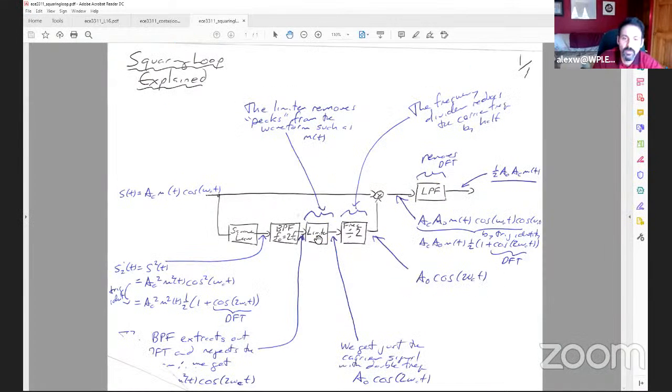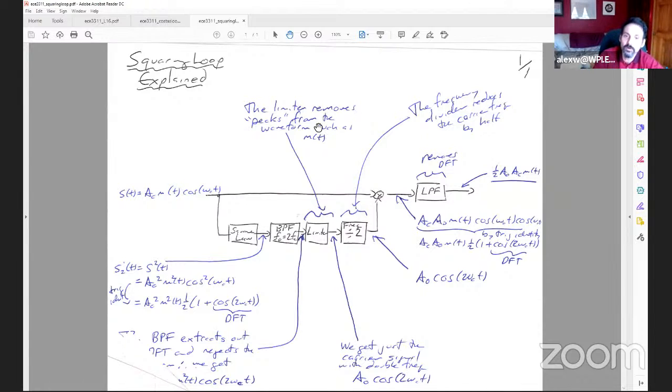The next step after that is something called a limiter. What the limiter does is it's kind of like a low pass filter. It has the same sort of purpose as a low pass filter, except that we're now at passband frequency, at the double frequency term.